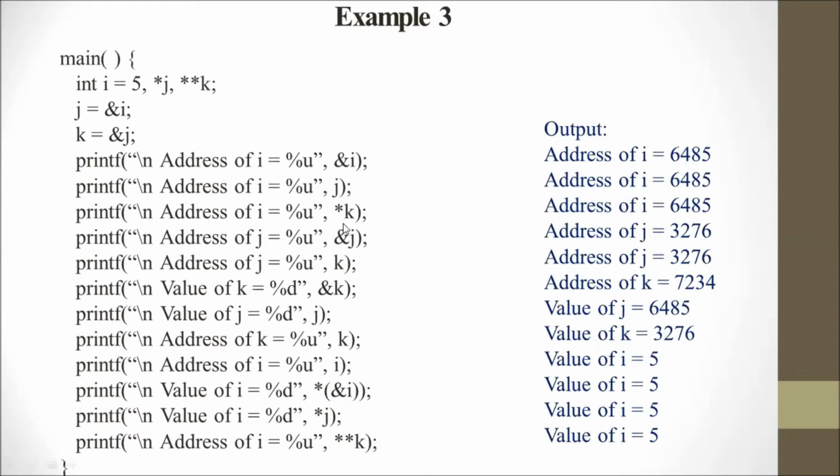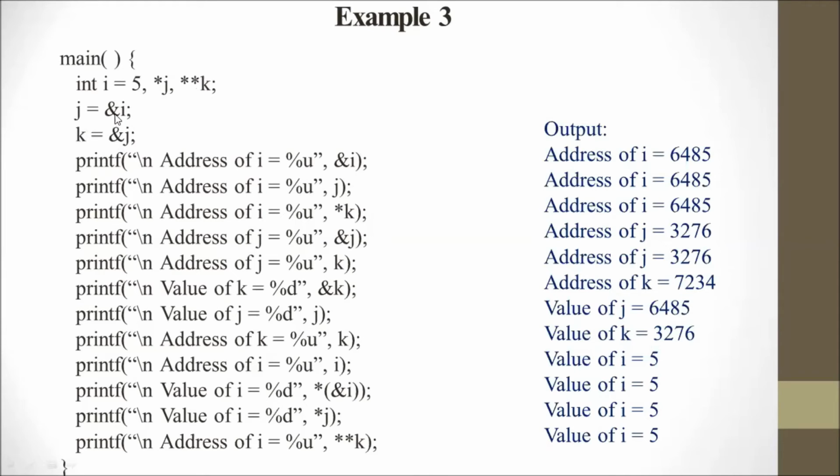This is another example so you can understand more clearly. Here we use int i equal to 5, pointer j, and double pointer k. Here j equal to address of i, k equal to address of j.